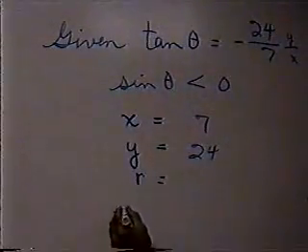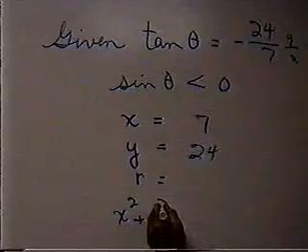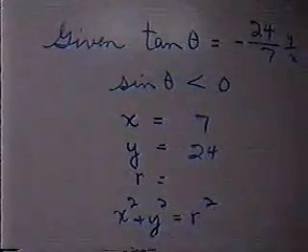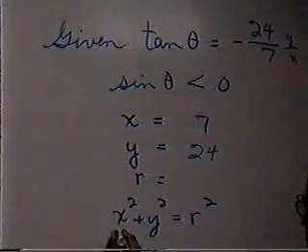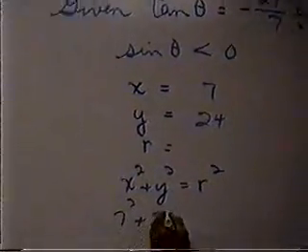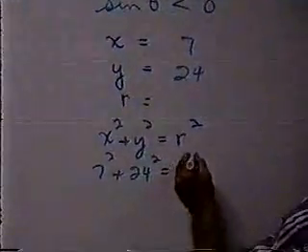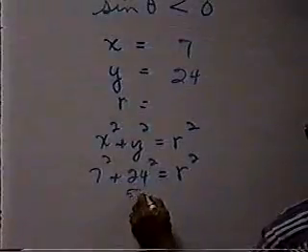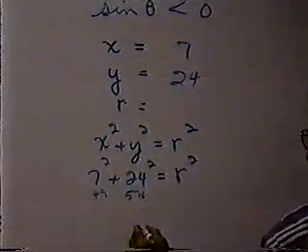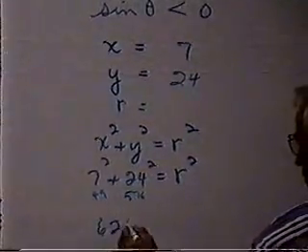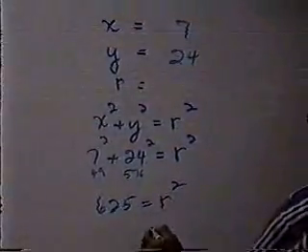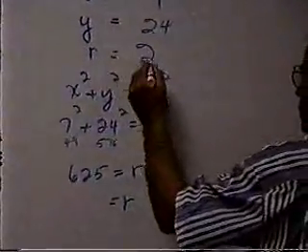And so we go through x squared plus y squared is equal to r squared, and so we get 7 squared plus 24 squared, and that's 576 plus 49 is 625. So r is equal to 25.